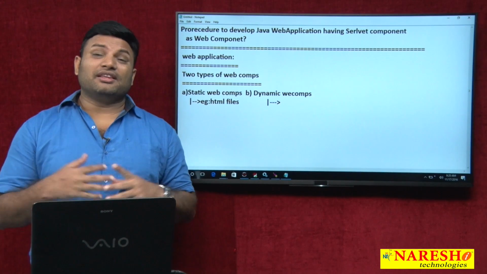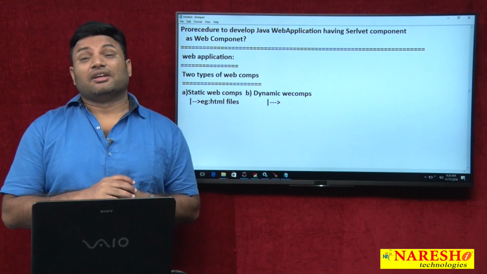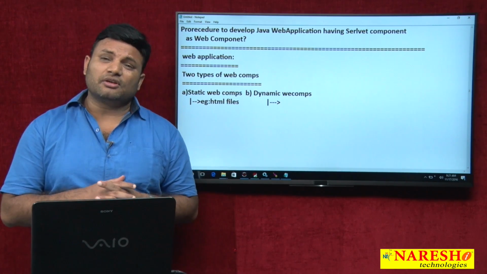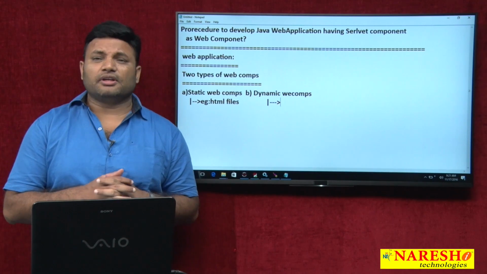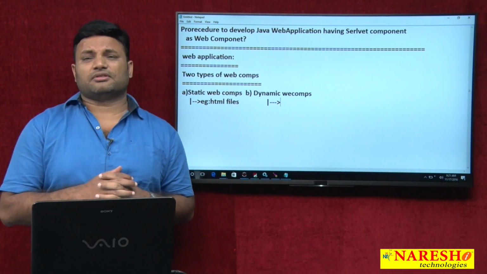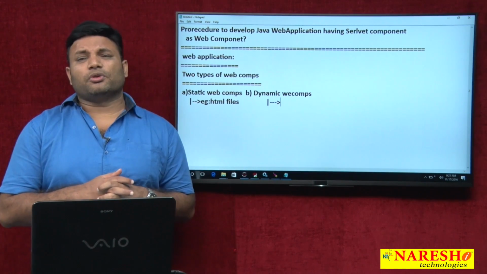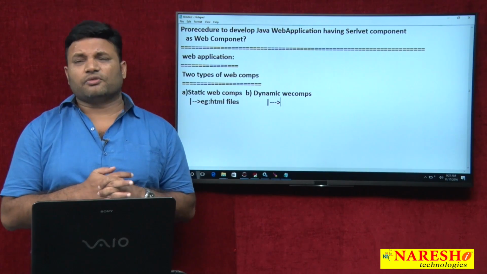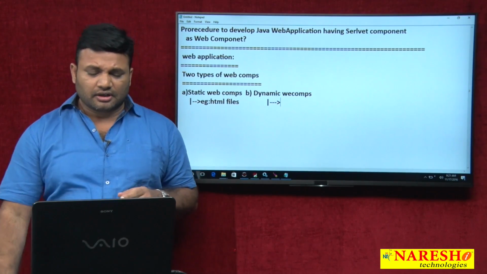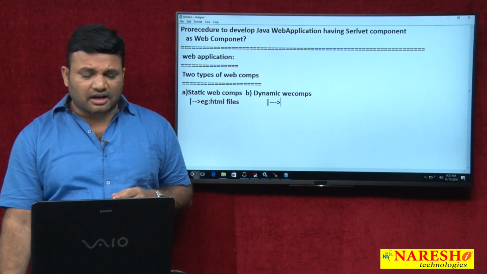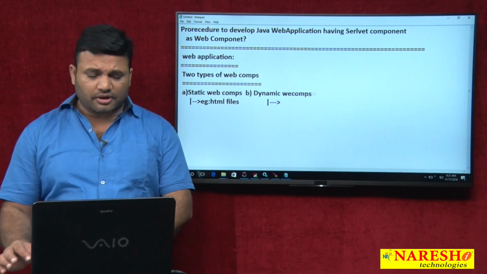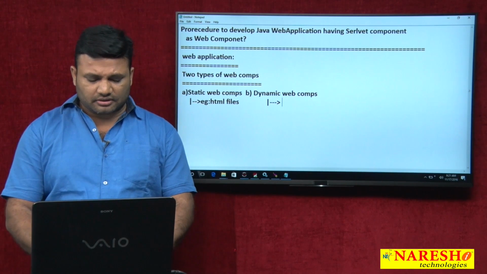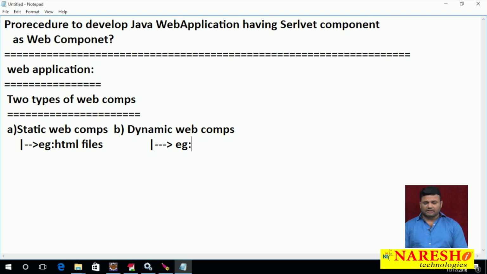Dynamic web components generate dynamic web pages. If the content of the web page is changing either based on the input value of the request or the time of the request, then it is called a dynamic web page. So generally servlet components, JSP components, all these come under dynamic web components. What are the examples here?